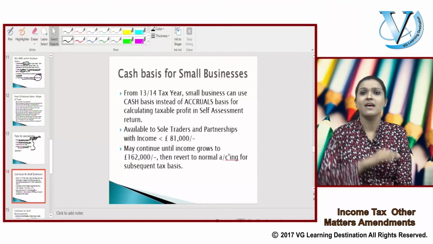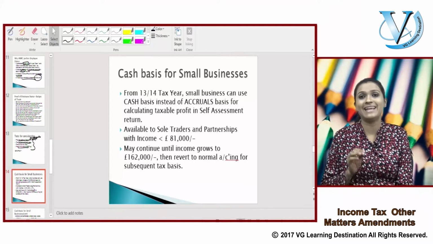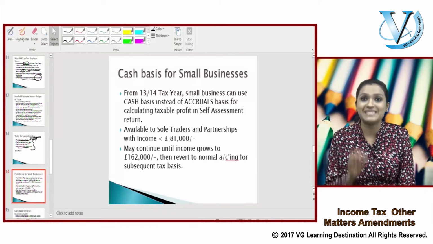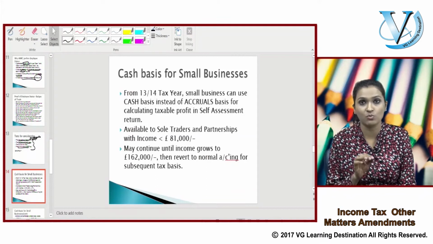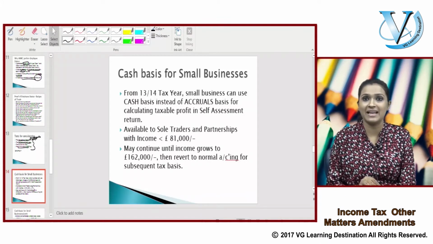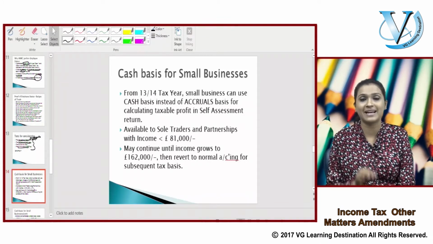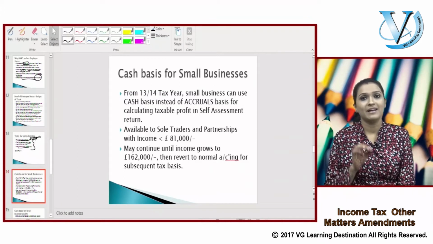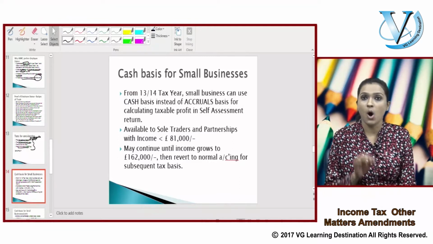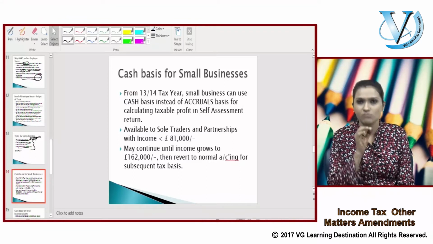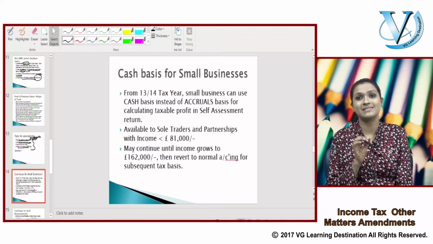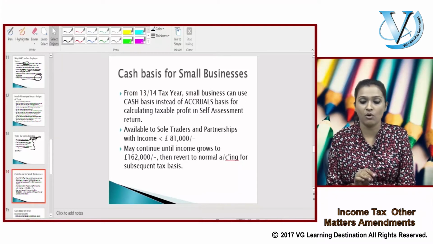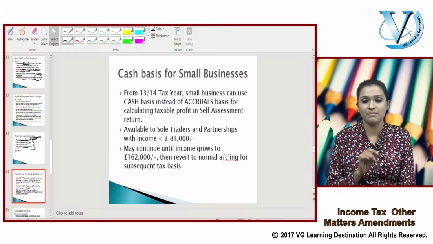Now, cash basis, very, very simple. You only take into account what physically has moved in and out of the organization. So, what do you take? You take physical inflows of cash and you take physical outflows of cash. So, very simply, this is what you need to remember on the cash basis, that a small business basically means a business whose turnover is less than the threshold level of 83,000 pounds.